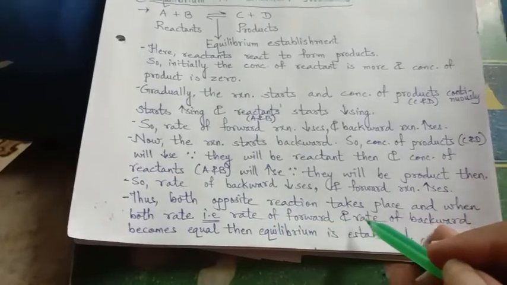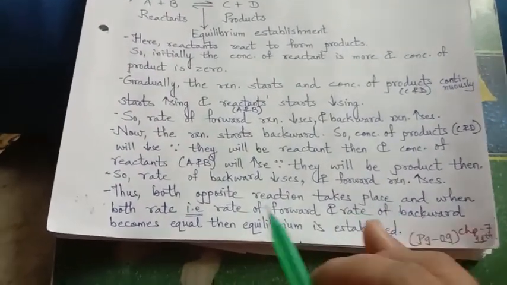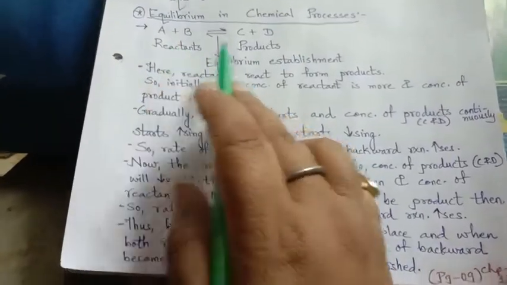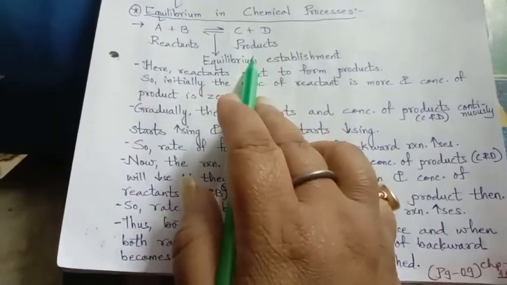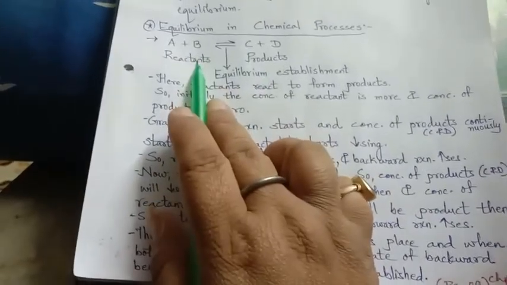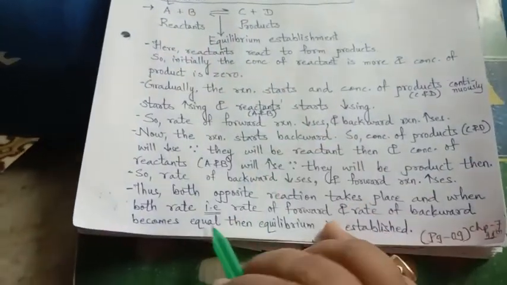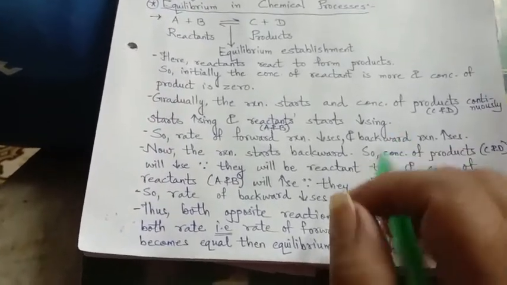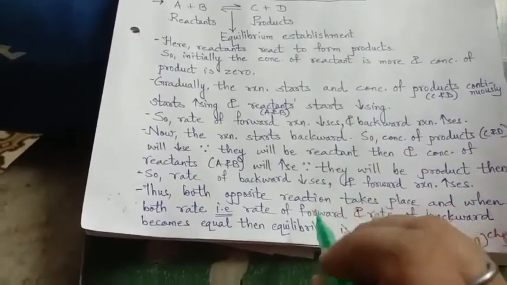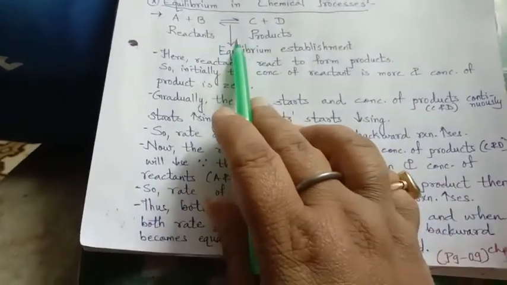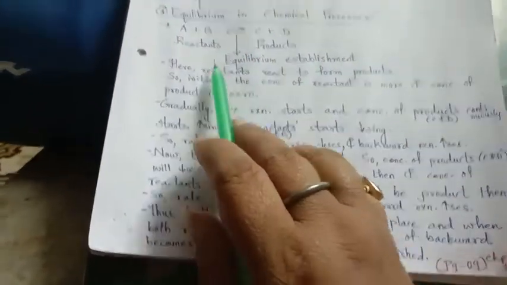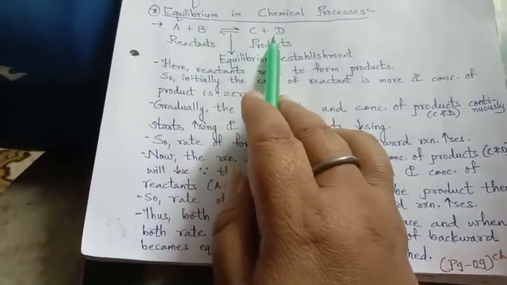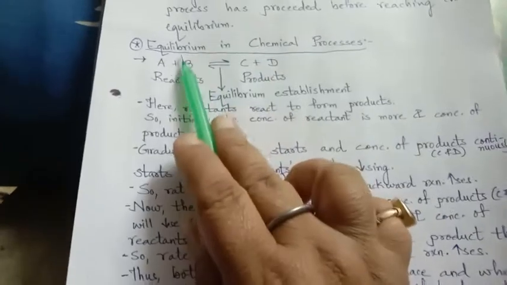So both opposite reactions take place, and when both rates, that means the rate of reactant to product, forward, and the rate of product to reactant, backward, attain equality, then we can say that equilibrium is established. That means the reactant no longer can form the product, and the product no longer can give back the reactant.